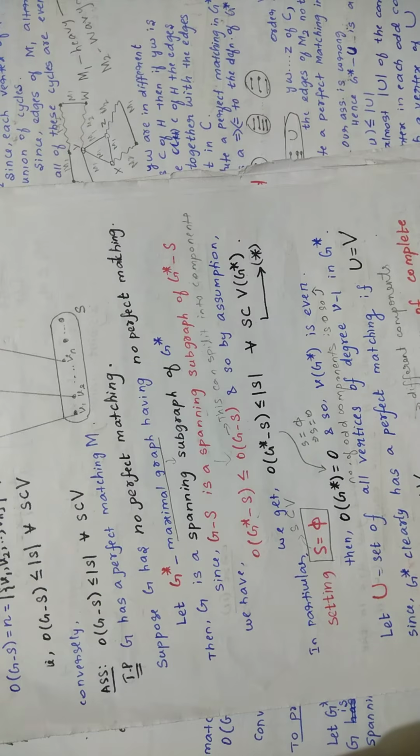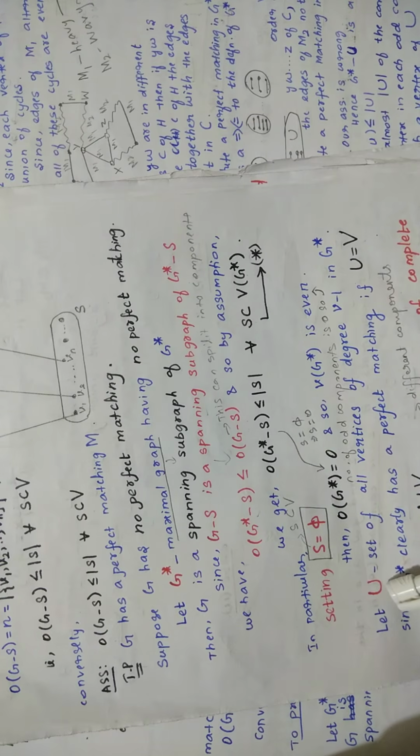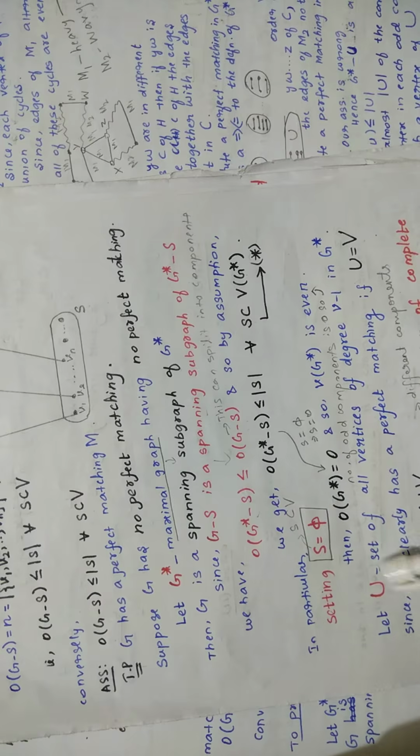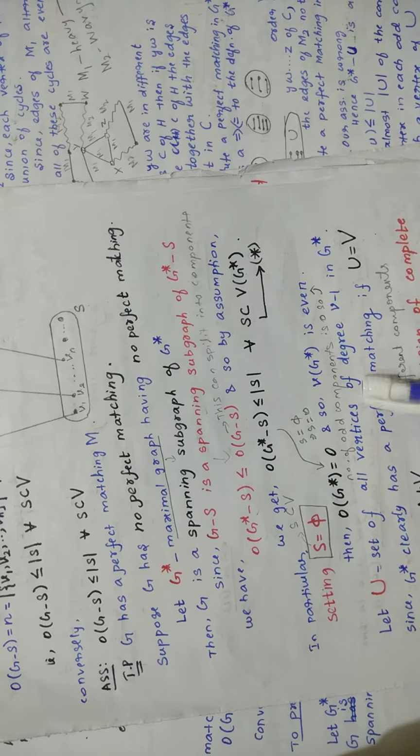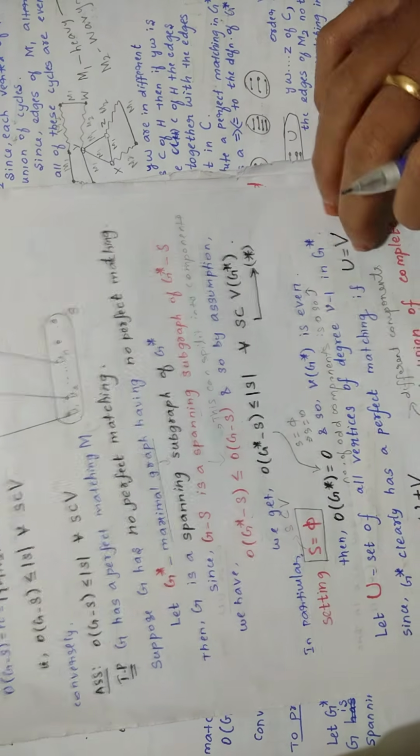And then what you are doing is you are considering a set of vertices, and those vertices will have degree v minus 1 in the graph G star. That kind of vertices you are choosing, and you are naming them as capital letter U. Let U be the set of all vertices of degree v minus 1 in G star.